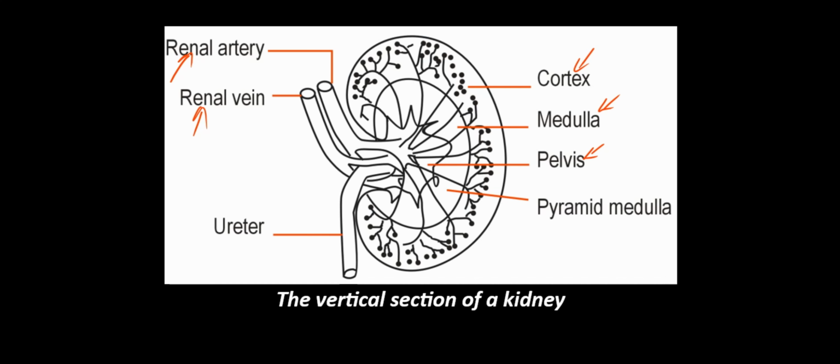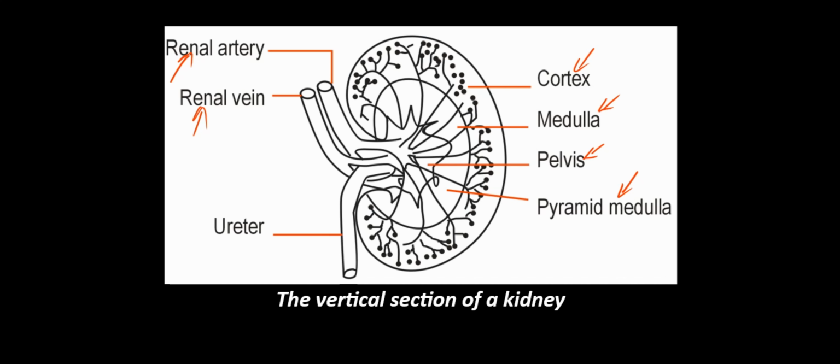The medulla is the inner layer, and it consists of uriniferous tubules. The medulla forms inward projections. As you can see, the medulla forms inward projections of about 15 to 16 pyramids. So we can see the pyramid of the medulla, and it is through these pyramids that the uriniferous tubules open into the pelvis.